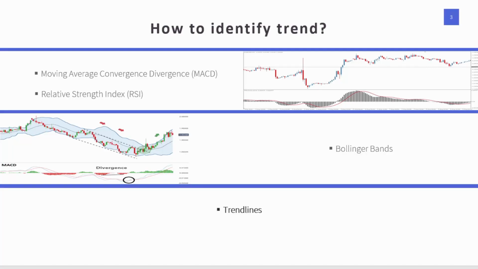So now we go on to how to identify trends, and I have found multiple ways of how people identify trends. I think these are the most used ways by people. There are more ways. There are also some indicators that tell you if a price is trending or if it's consolidating. But these indicators actually give some sort of indication of where the price is going and what the trend is.